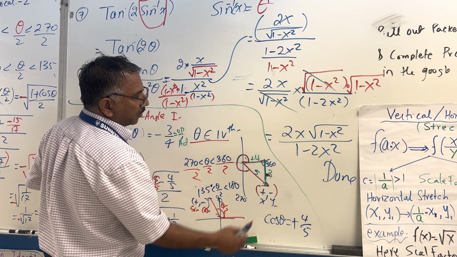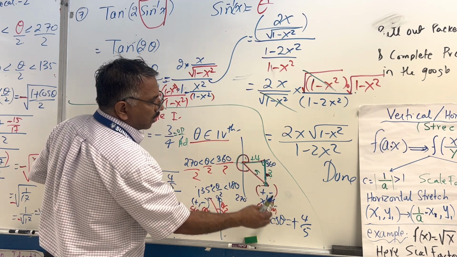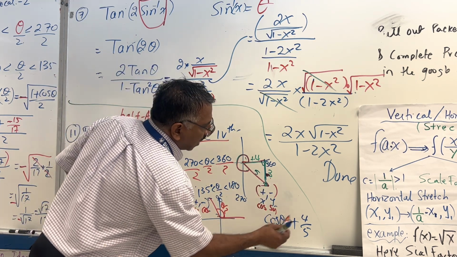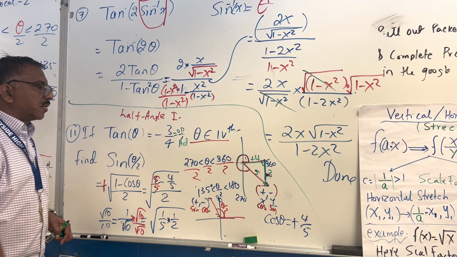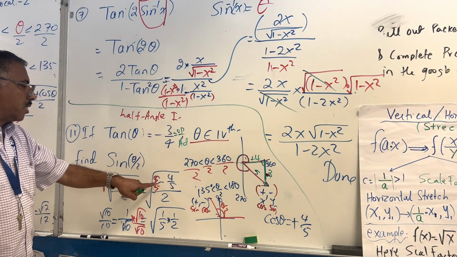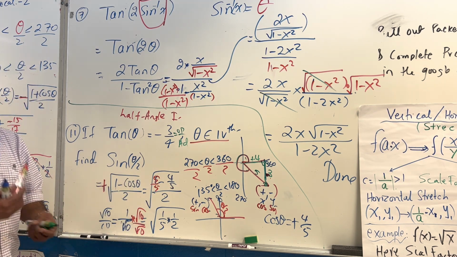So sine is negative because this is cosine and that is the sine. And that's why cosine theta is this 4/5. And that's what I plugged in here, 4/5, and then I multiplied 5 and 5, and you're done.